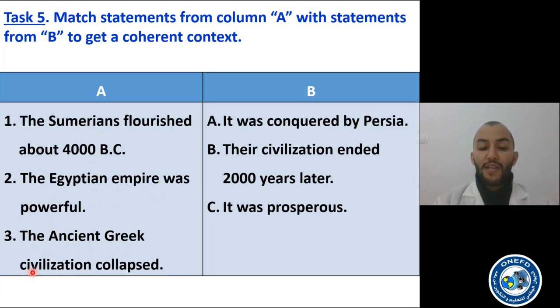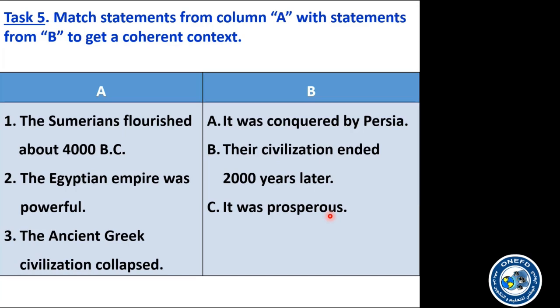The ancient Greek civilization collapsed. This is column A. You need to match it with its corresponding sentence in column B. It was conquered by Persia. Their civilization ended 2000 years later. And it was prosperous. So take a few minutes, think about it, do the task, and I'll see you after.